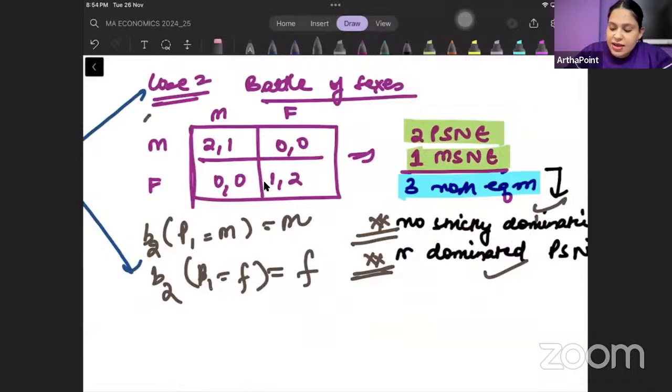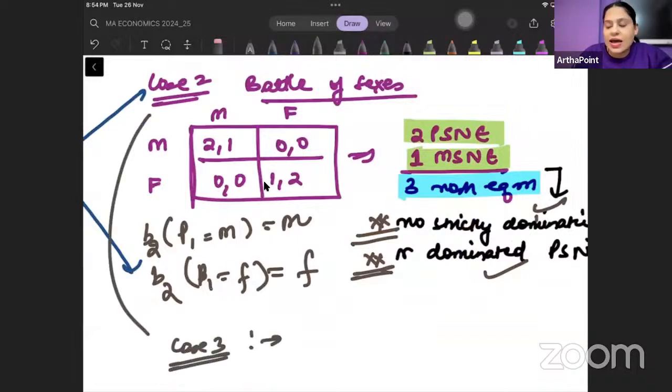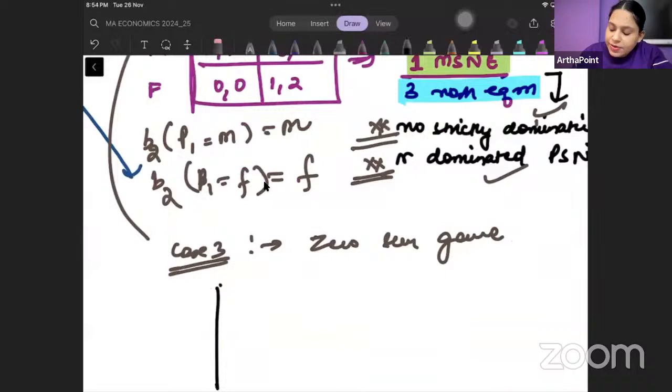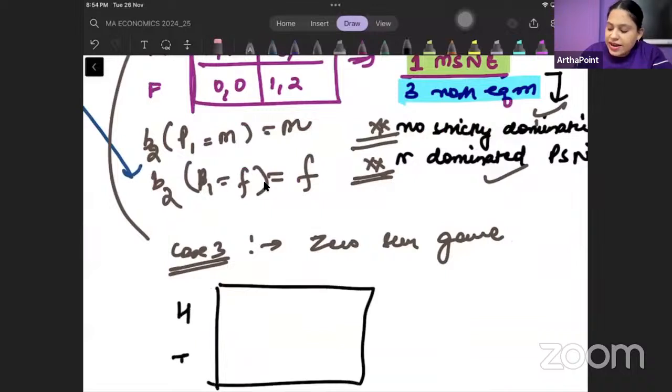And one last example is case 3. जो हमारा था the example of matching the pennies or zero sum game. These are the only 3 examples you have to remember. So zero sum game में what happened? Suppose I tell head, tail. So when it was head, first player giving to second.